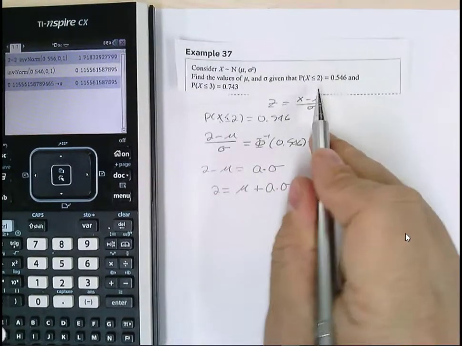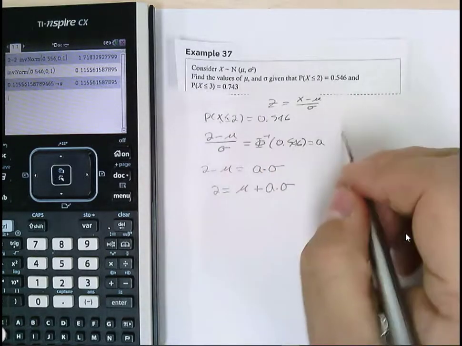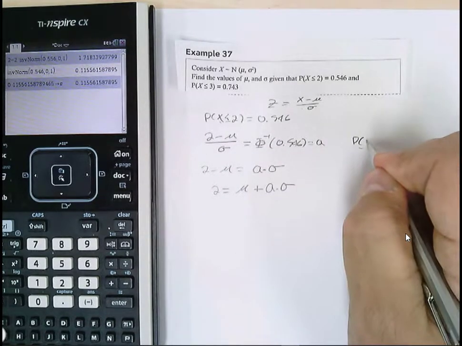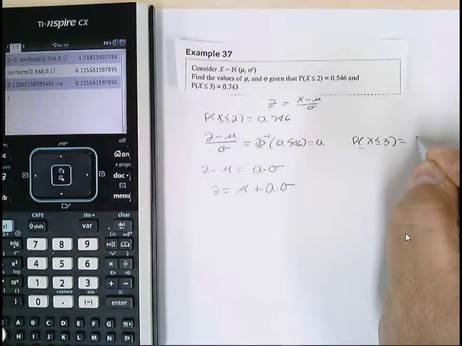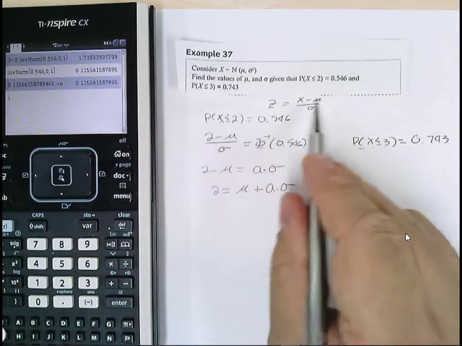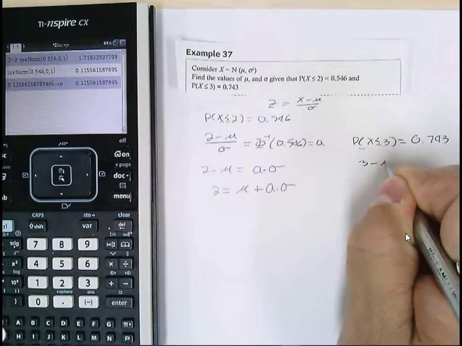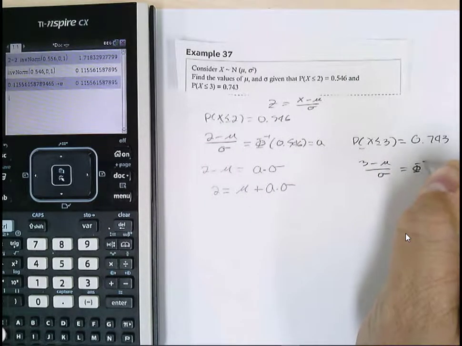Then I can do the same thing for the other parameter. I know that the probability that x is less than or equal to 3 is equal to 0.743. Then I can normalize this distribution. This time my random variable is 3 minus mu over my standard deviation, and then I'll find the inverse of that normal.